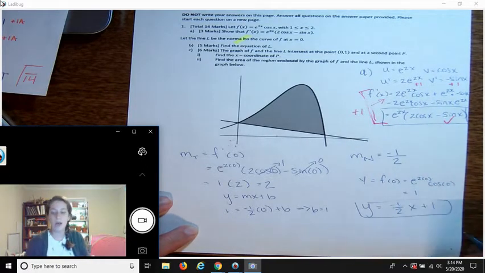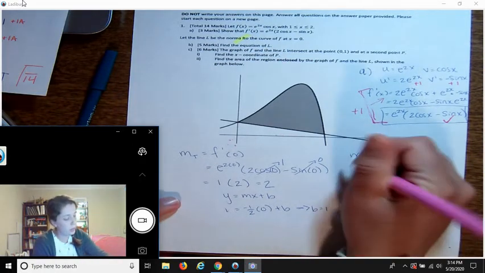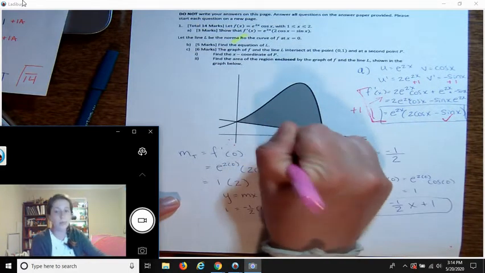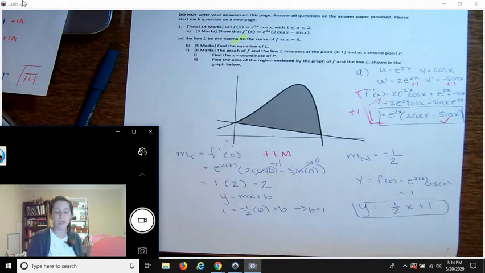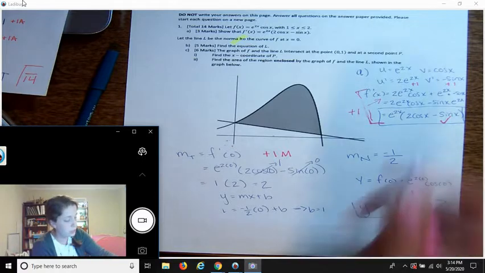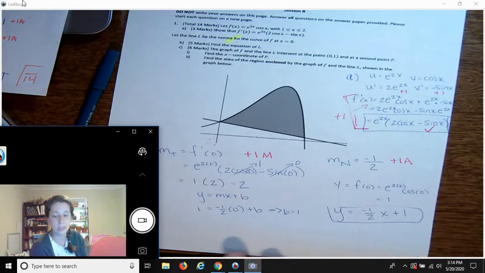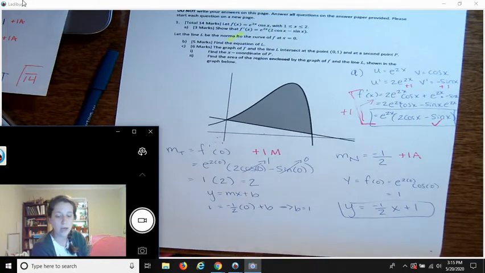Okay, part B was worth 5 whole marks. So I'm going to give you plus 1 method point for setting up this equation, finding m sub t where f prime of 0 is your m sub t. Then plus 1 for your answer here, finding this normal slope as the negative reciprocal.